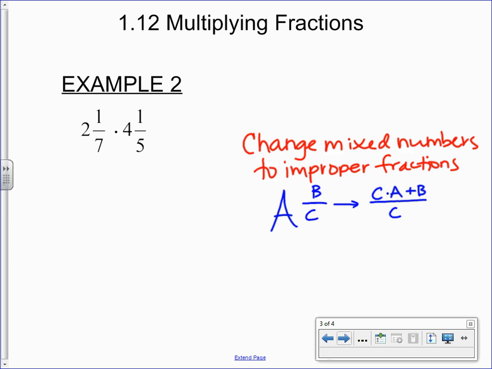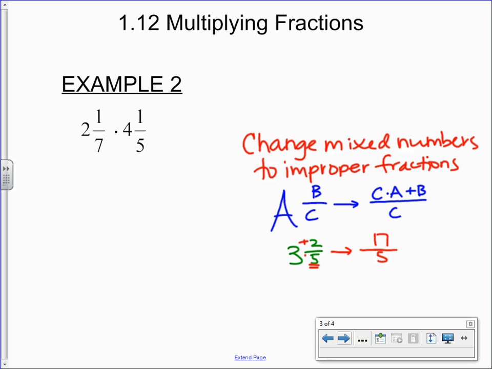Okay, so for example, if I had the fraction 3 and 2/5, on the top of my improper fraction, I would multiply 5 times 3 to get 15, and then add 2 to get 17. My denominator would stay the same. So 3 and 2/5 is equivalent to 17/5.